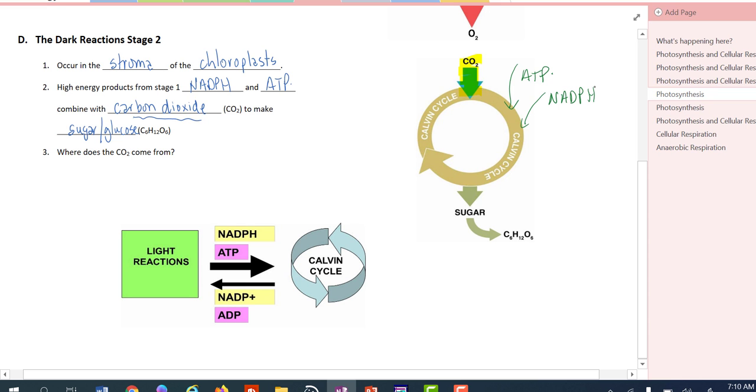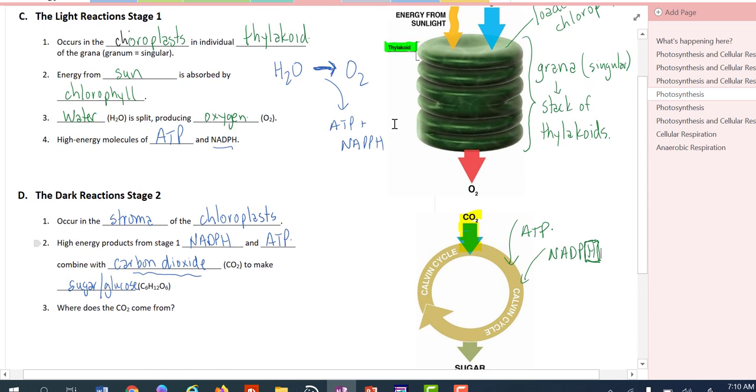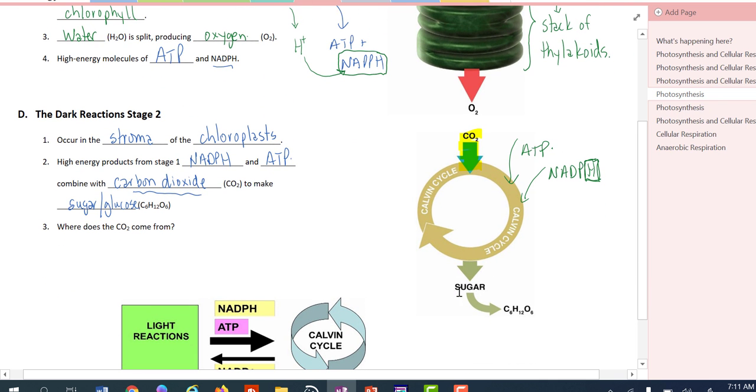And I want you to see this molecule here. If you remember, in the light reactions this molecule was produced when water is split. That water loses its hydrogens, and those hydrogens join with the NADPH. I want you to think about this in terms of how that makes sense.